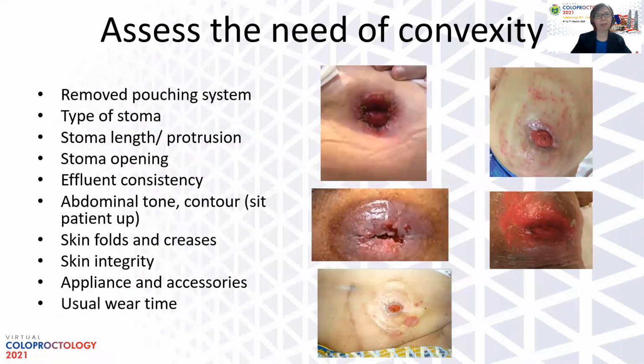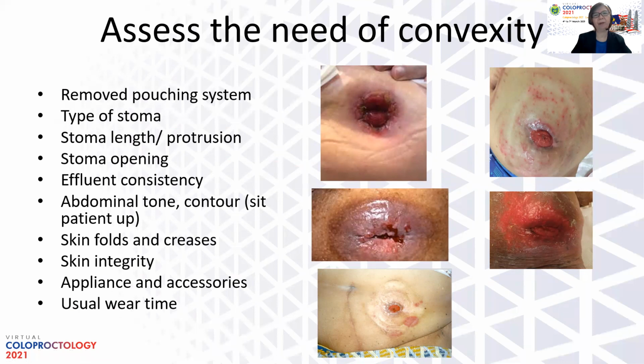Okay, when you know the patient needs convexity, how do you assess that this is the correct convexity for the patient, because we are talking about optimization. When optimizing, you cannot just use one product to fit all patients, because every patient is unique. They have different skin, abdominal plane.